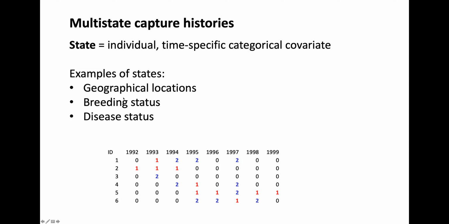Another example might be disease status, and you could be interested in estimating infection and recovery rates. These multi-state models are, as we will see, very flexible, they allow you to tackle a bunch of ecological questions, and they are very fun to use, as we will see.